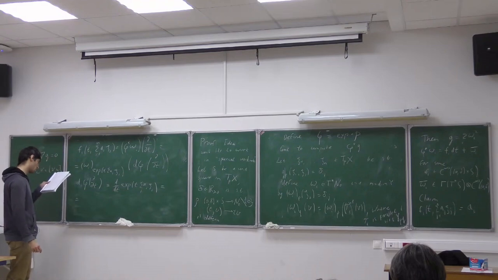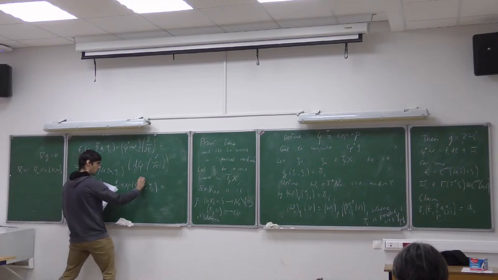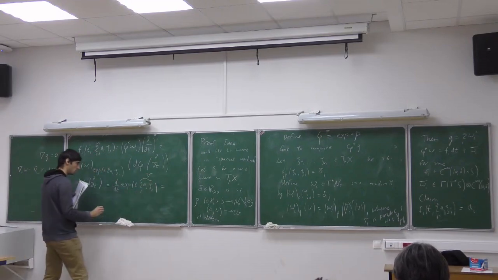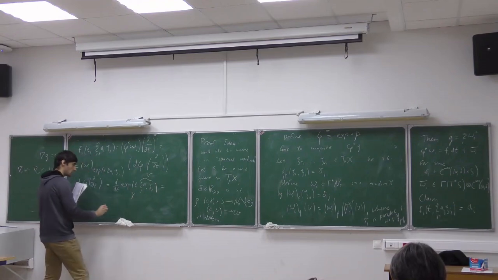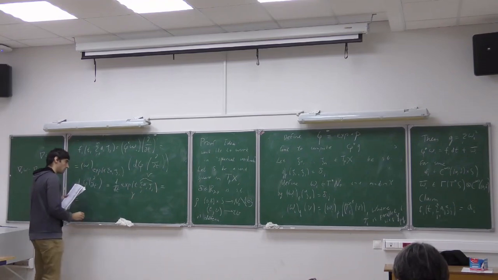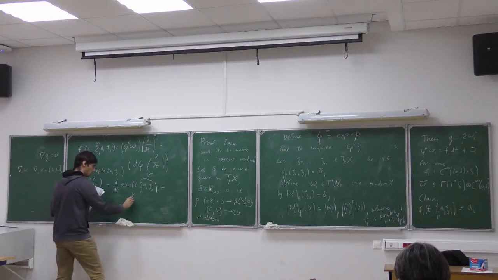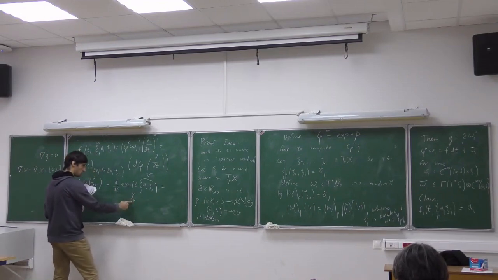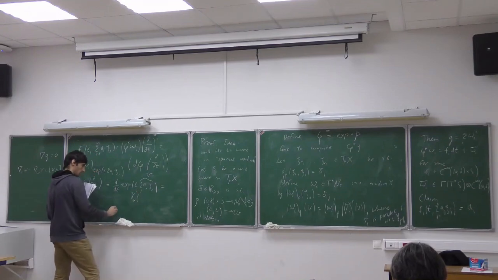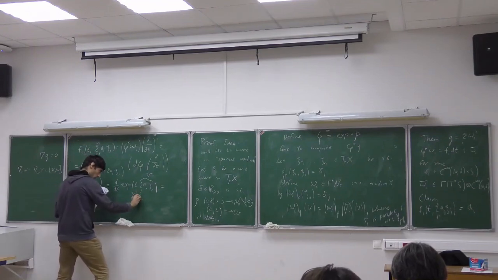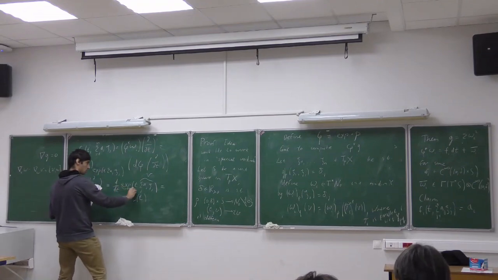Okay, and so then the tangent to this. Well, we just need to recall what the exponential is. Right, so if I denote this as v, then exponential of this is a geodesic with tangent vector at 0 equal to v, with parameter t. So this is what it is.